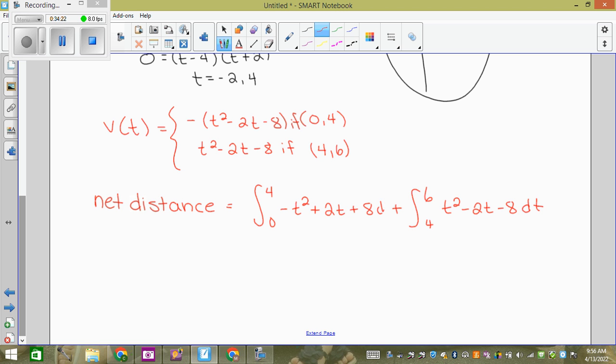Okay, so when I go to the antiderivative of this one, I'm going to get -1/3 t cubed plus 2 divided by 2 is 1 t squared, and then plus 8t plus c, 0 to 4. Plus 1/3 t cubed minus t squared minus 8t plus c, 4 to 6.